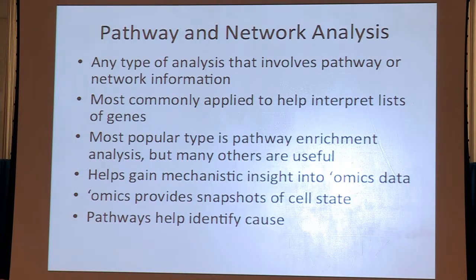The most popular type is pathway enrichment analysis. There's tens of thousands of papers that have used gene ontology enrichment analysis or some type of pathway enrichment analysis. And as I said, this type of analysis helps gain mechanistic insight into genomics data and hopefully get at a little bit more causal insight, so you can understand what's causing the state of the cell that you're looking at.